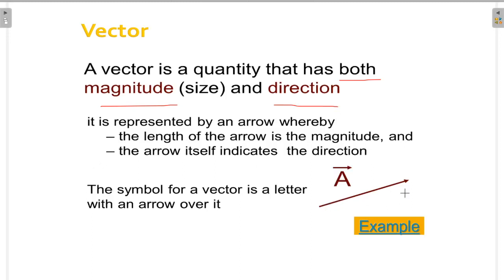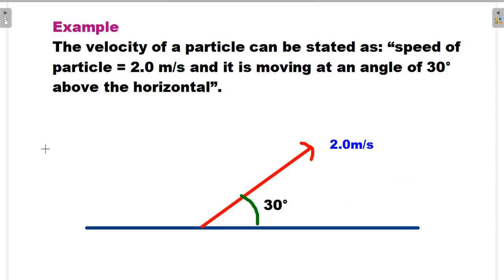It is represented by an arrow, whereby the length of the arrow is the magnitude, and the arrow itself indicates the direction. The symbol for a vector is a letter with an arrow over it. A is a vector quantity.